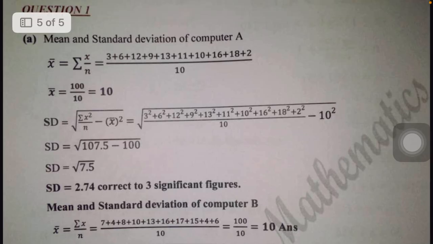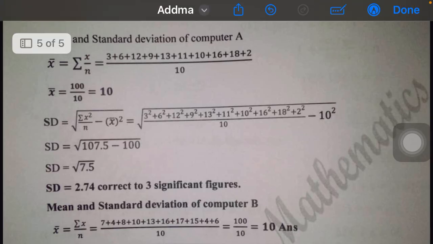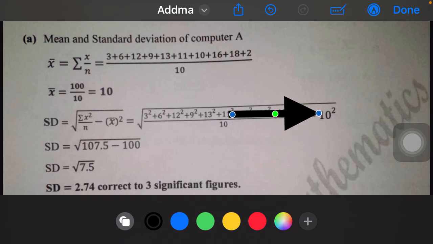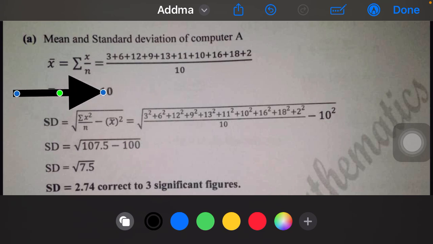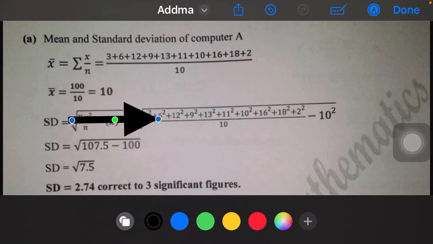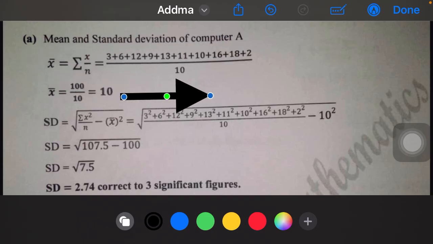Here it is. Don't get worried about where this 10 has come from. This 10 has come from the mean. This is just the mean we have found here. So now what I was saying is that you simply do the same thing. If you pay attention, you look at this whole part here.